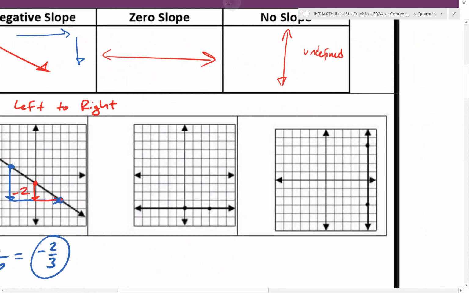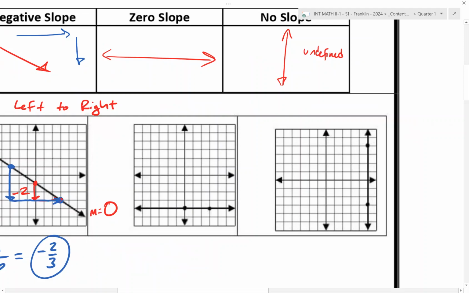Now for those last two, we can just look at the pictures. We have a horizontal line, that's going to be 0 slope. And for the vertical line, this is undefined or no slope, because it's vertical.